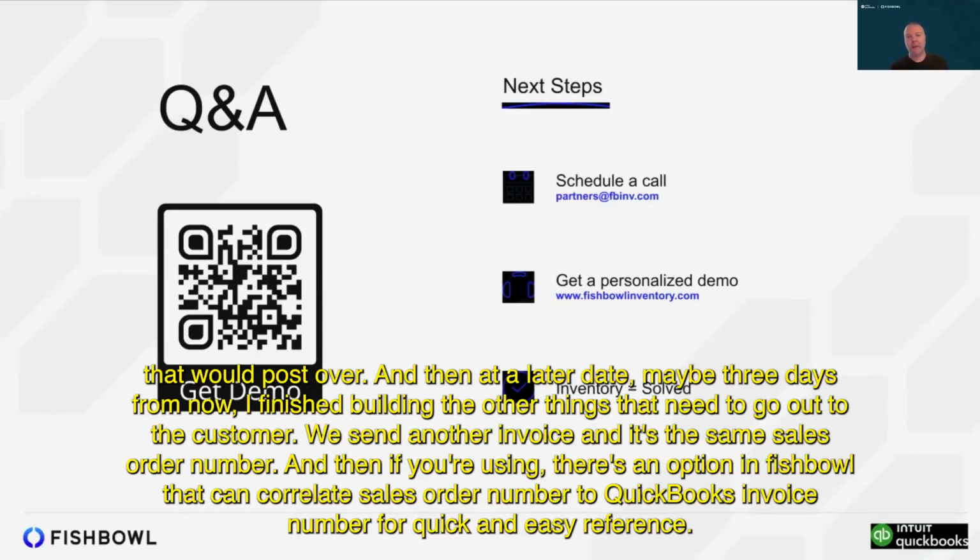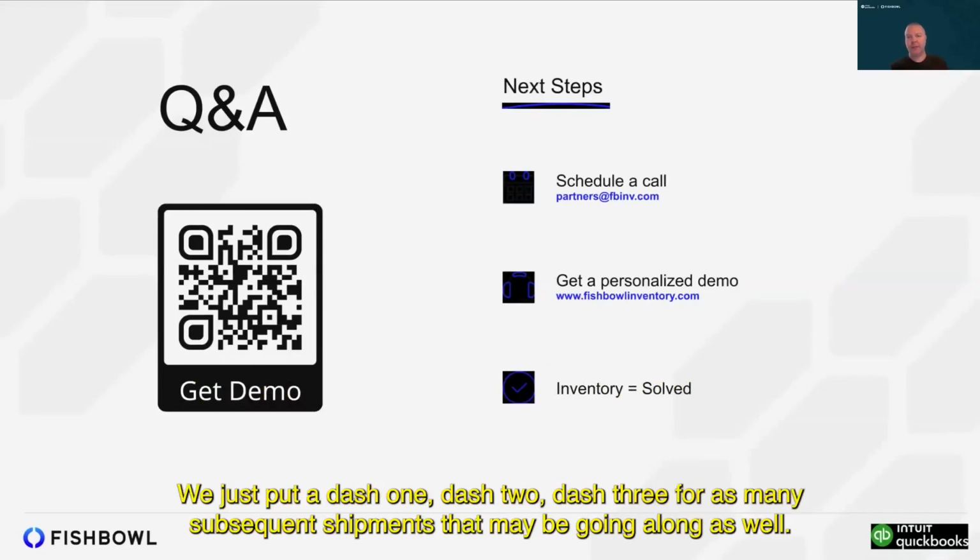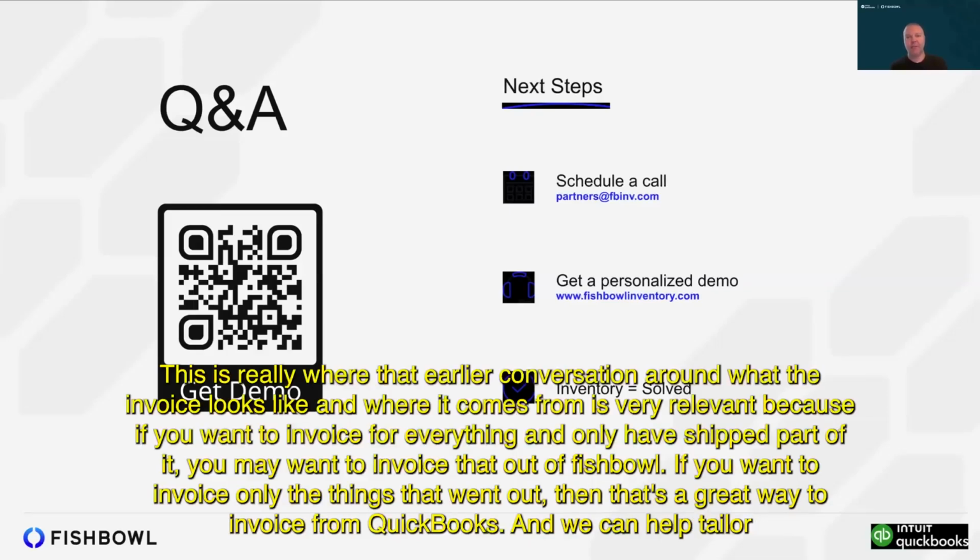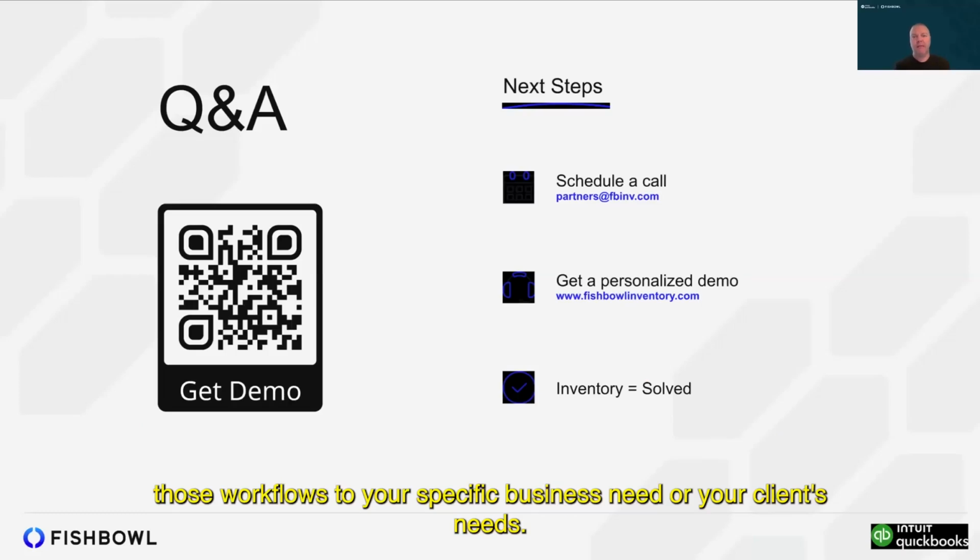If you're using the option in Fishbowl that can correlate sales order number to QuickBooks invoice number for quick and easy reference, we just put a -1, -2, -3 for as many subsequent shipments that may be going along as well. This is really where that earlier conversation around what the invoice looks like and where it comes from is very relevant, because if you want to invoice for everything and only have shipped part of it, you may want to invoice that out of Fishbowl. If you want to invoice only the things that went out, then that's a great way to invoice from QuickBooks, and we can help tailor those workflows to your specific business need or your client's needs.